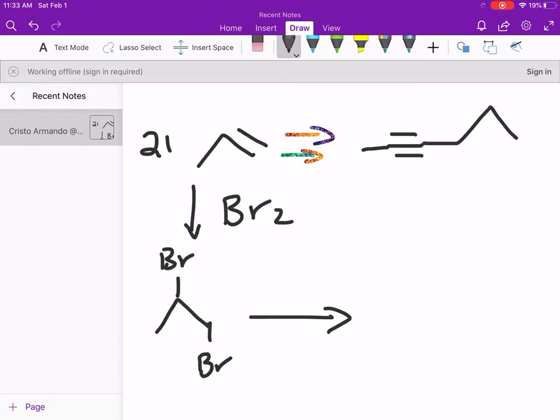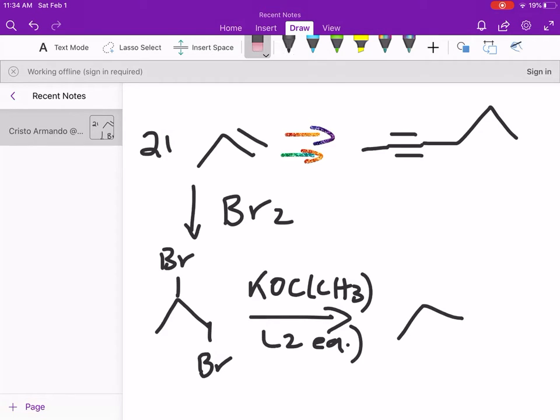And then get a bulky base, 2 equivalents of it, to do elimination reaction. And we're left with the following molecule, right?